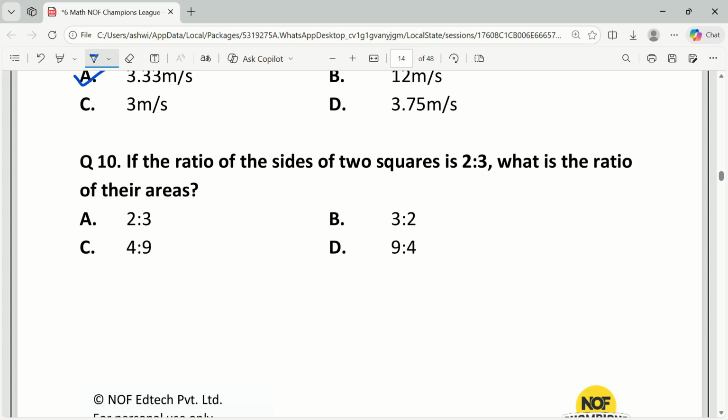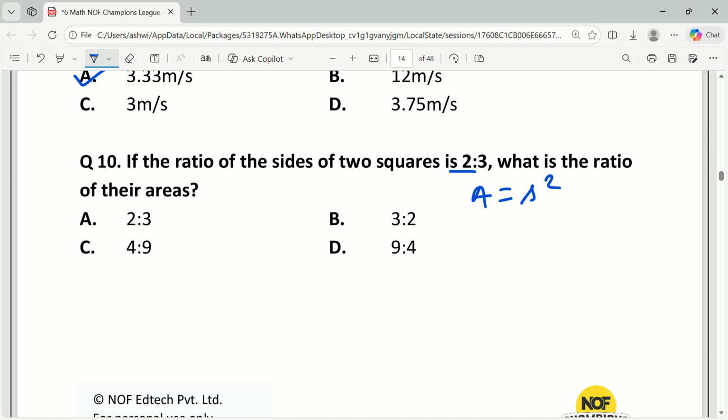Question number 10. If the ratio of the sides of two squares is 2:3, what is the ratio of their areas? The area of a square is calculated by the square of its sides. That is, A is equal to side square. The ratio of the sides is 2:3.